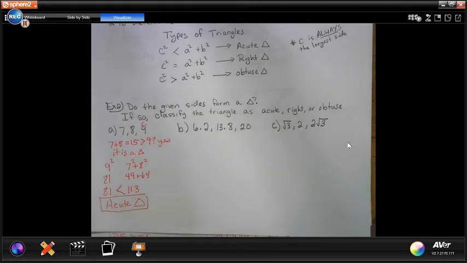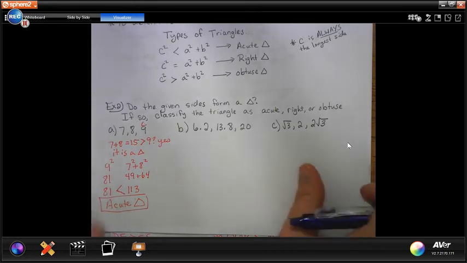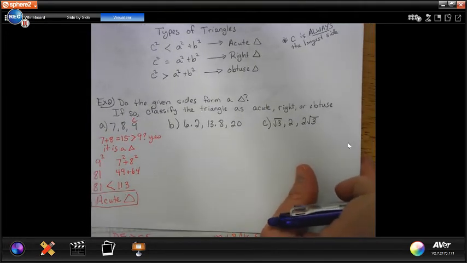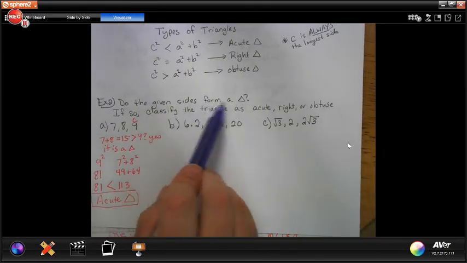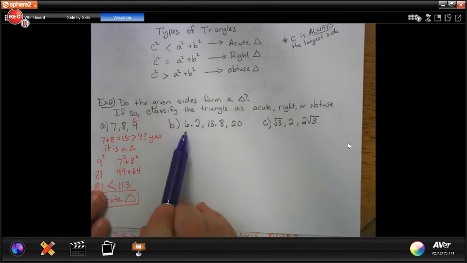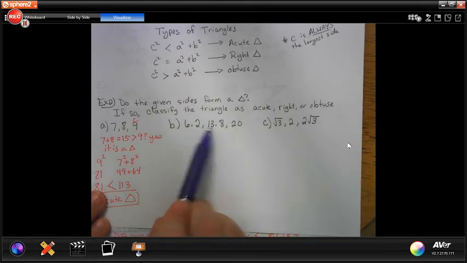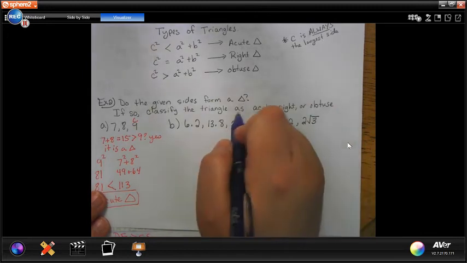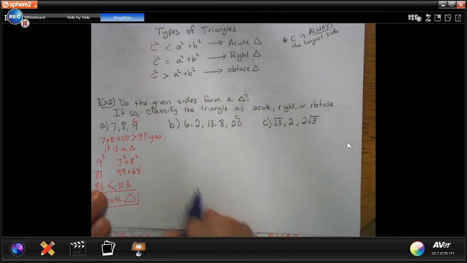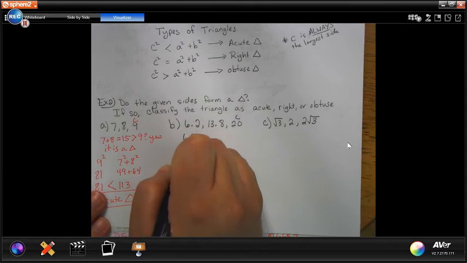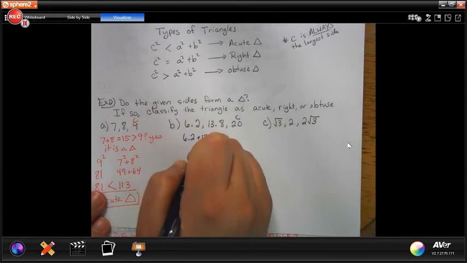So looking at part B. Okay. First we have to figure out, do the given sides form a triangle? Okay, so obviously 6.2, 13.8, both smaller than 20. So this is our C. So 6.2 plus 13.8.